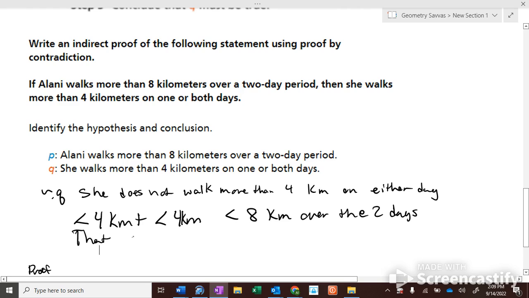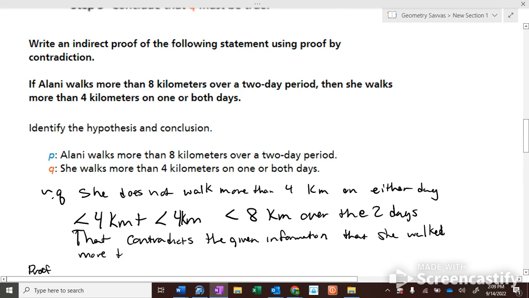That contradicts the given information that she walked more than 8 kilometers over a 2-day period.